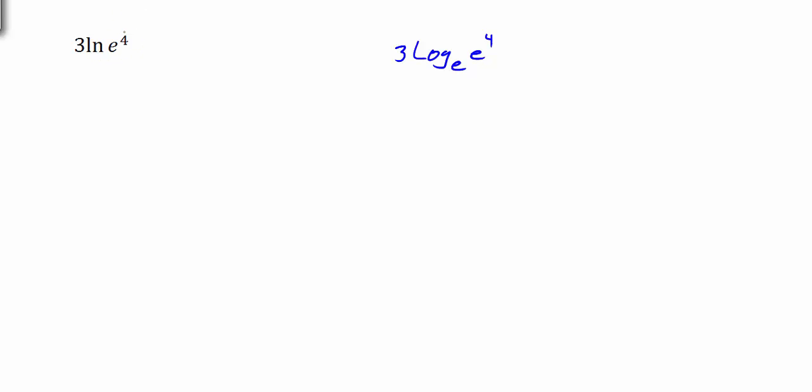So we can certainly just take the exponent of 4, move that out front, and 4 times 3 we would have 12 times the natural log of e. And again, the natural log of e is going to cancel to 1, so that's 12 times 1, which equals 12. Now again, we could have simply put that in the calculator because of the natural log, but this is easy enough to perform by hand.